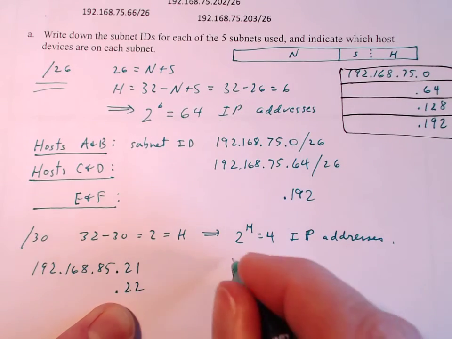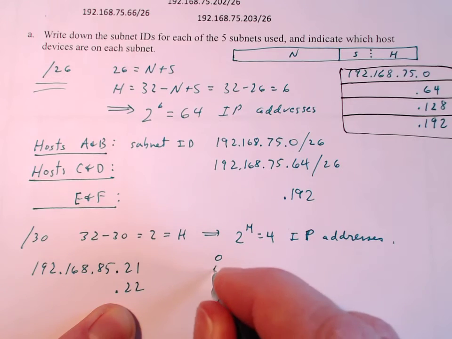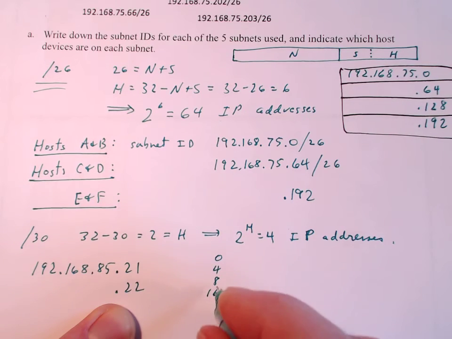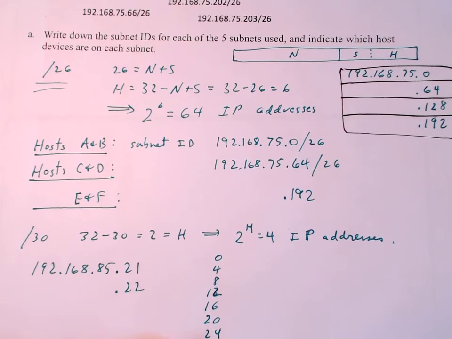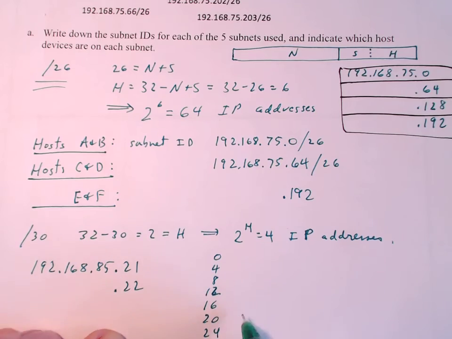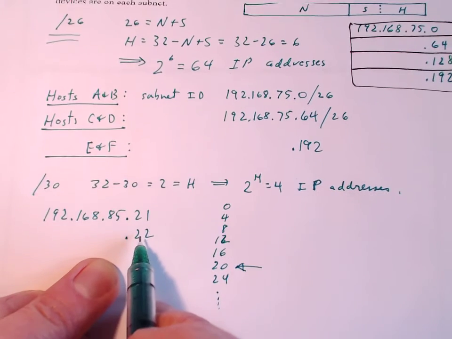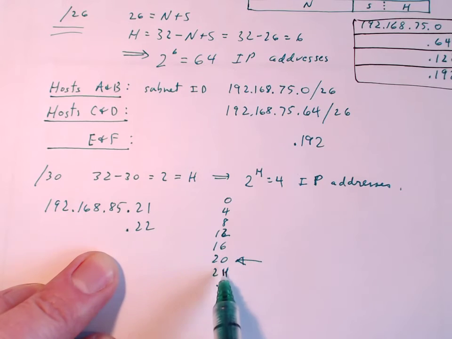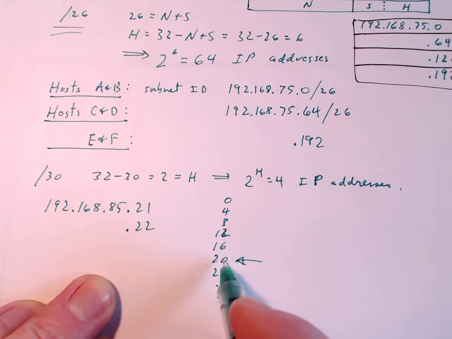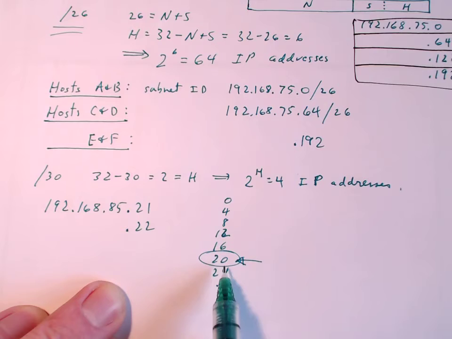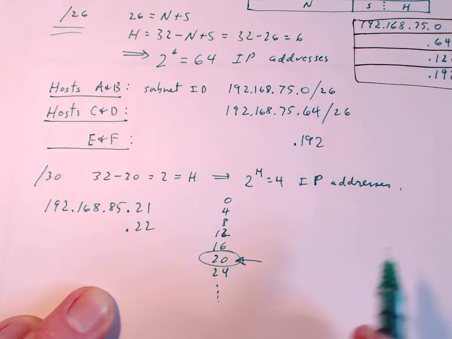So we have 0, 4, 8, 12, 16, 20, 24, etc. And so these ranges of IP addresses, and we see that 21 and 22 fall in the range from 20 to 23, which is this 20 in the last octet.